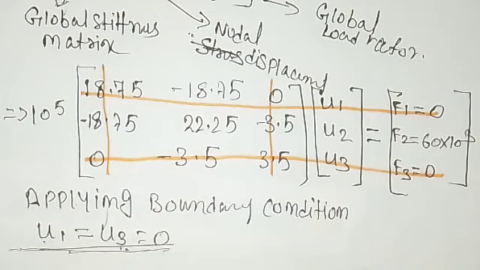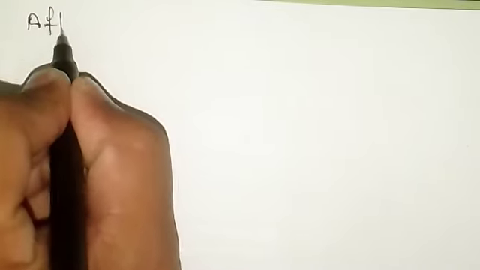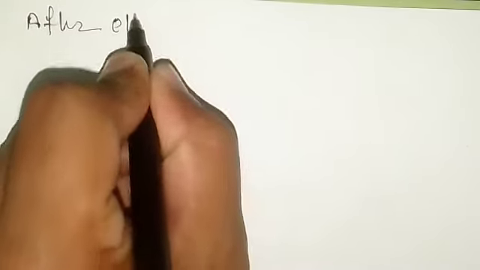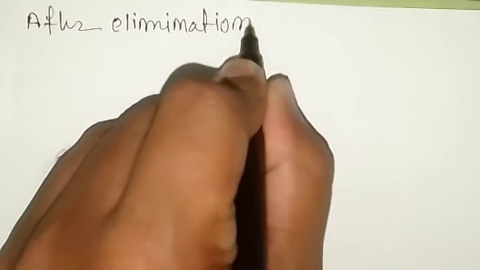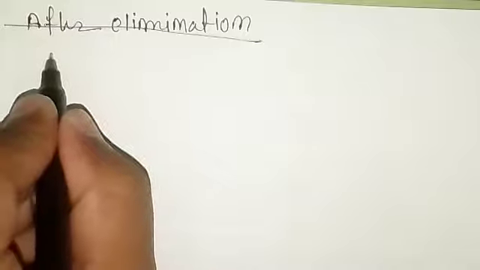So the next, here the element becomes like that after elimination. How does it become?